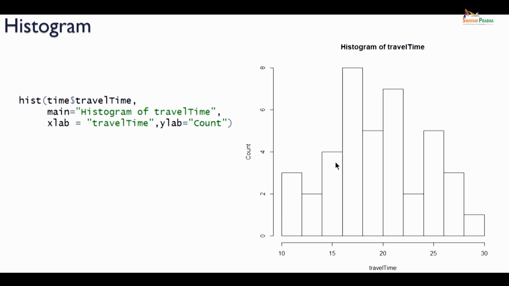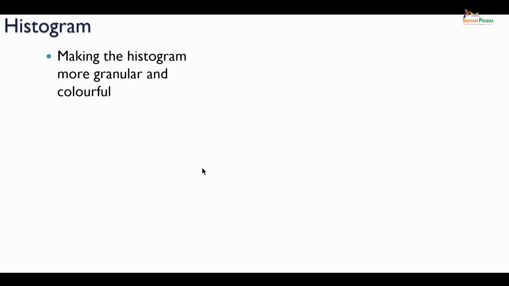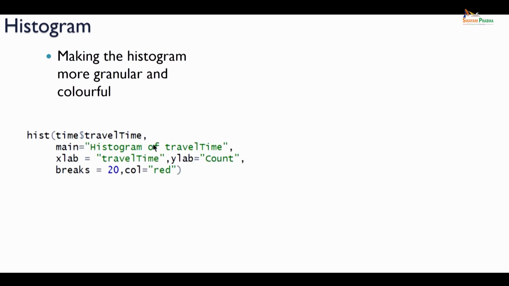So, let us add some description to the histogram. I am going to make the histogram more granular and more colorful. So, let us see how to do that. This is in continuation to the previous code. After ylab equal to count, you just give a comma and continue with the same code. So, I am giving breaks of 20 and color equal to red.